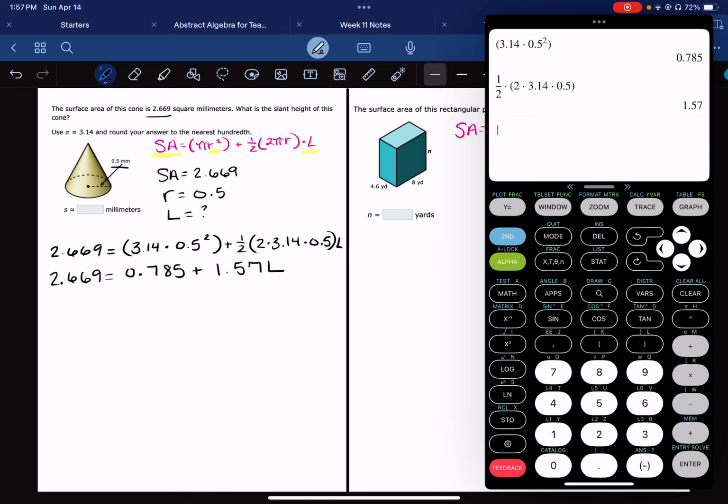I ultimately now have 1.57 times L, plus 0.785 is equal to 2.669.